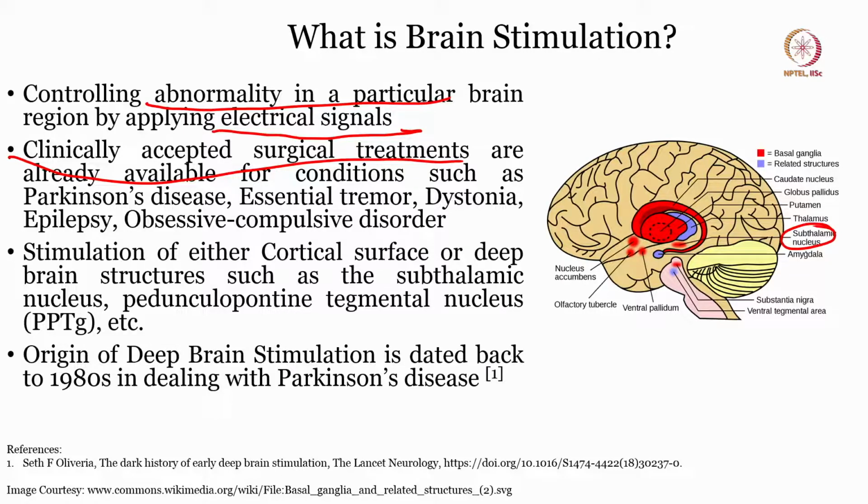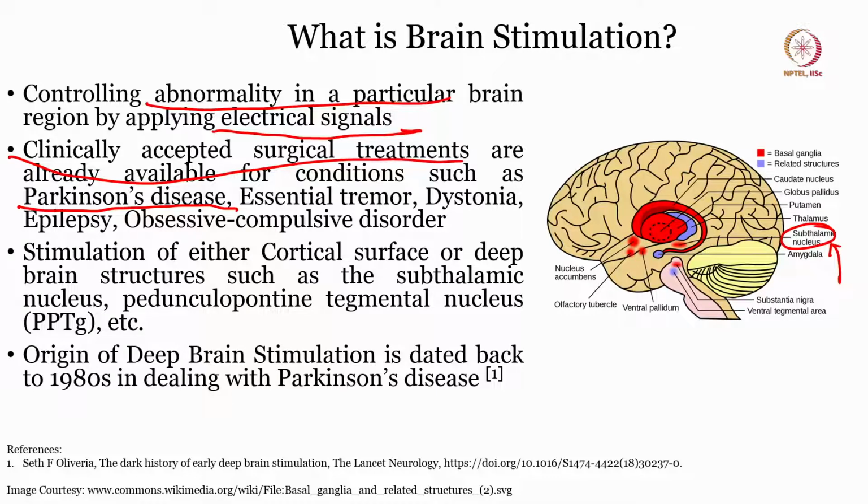There is a region called the subthalamic nucleus, make a note of this. This region is presently used for treating people with Parkinson's disease, so we may be discussing Parkinson's disease as well. We will take up one example and see how people are doing brain stimulation.